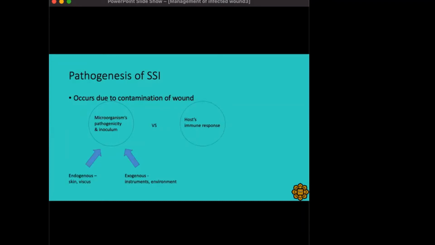Now, the pathogenesis of SSI occurs basically due to contamination of the wound. It can be either endogenous, from the skin or the organ itself, or exogenous, from the instruments or the environment. And it is versus the host immune response.